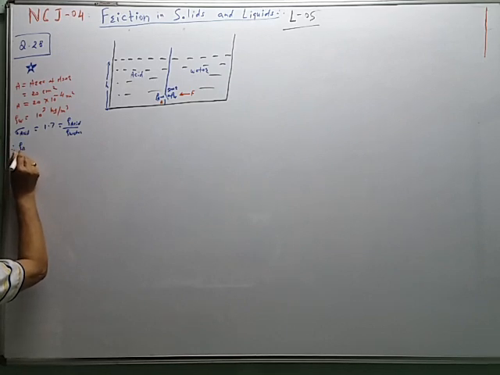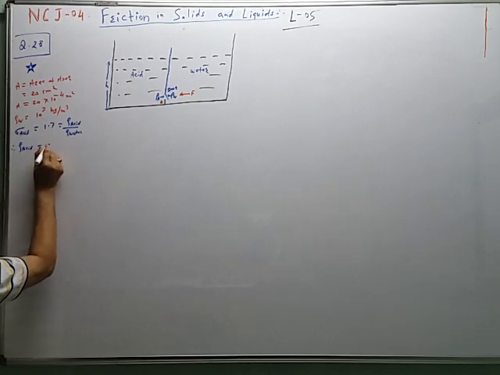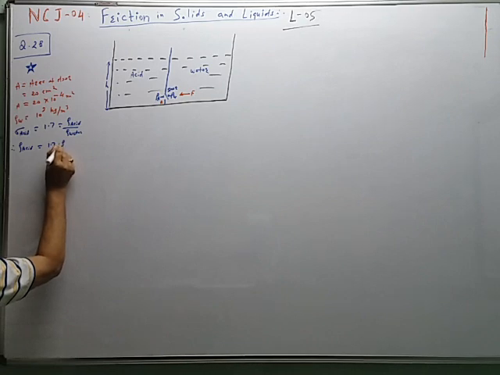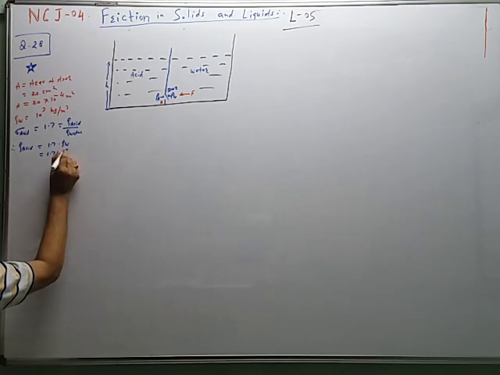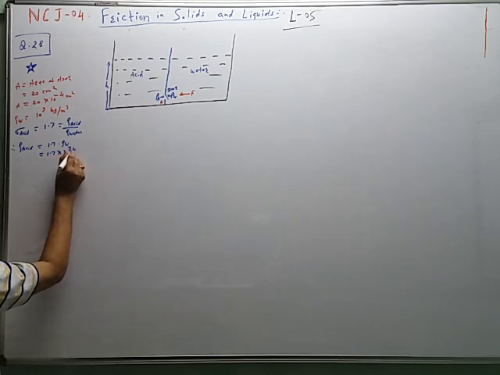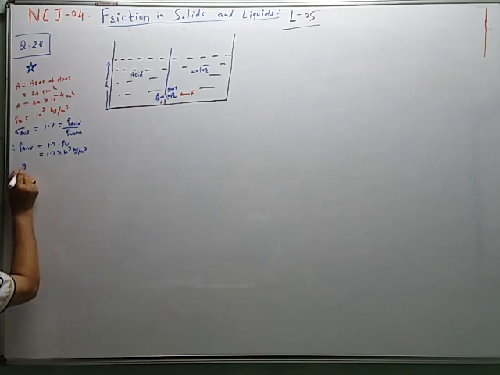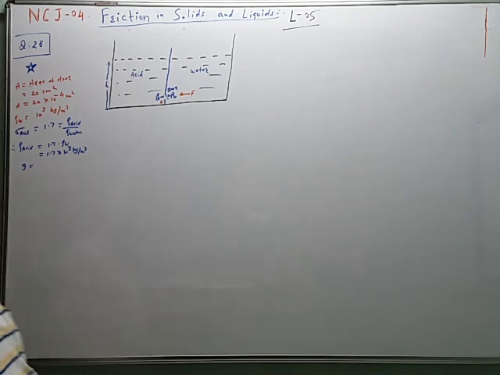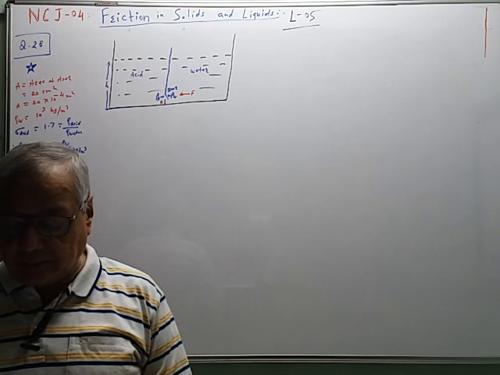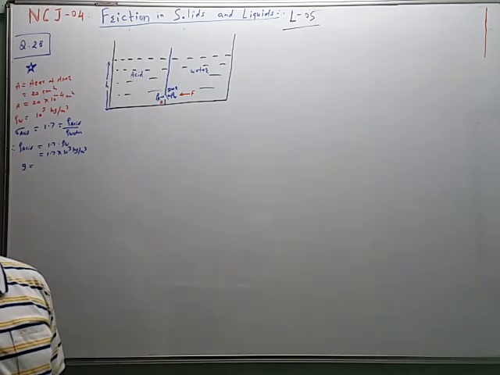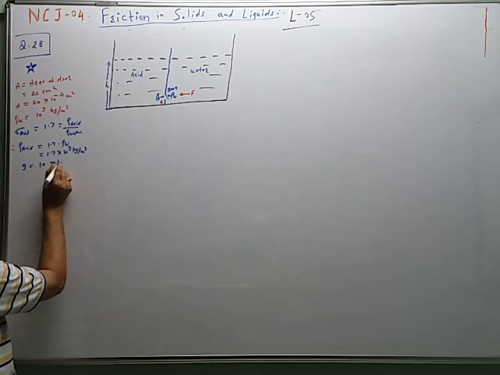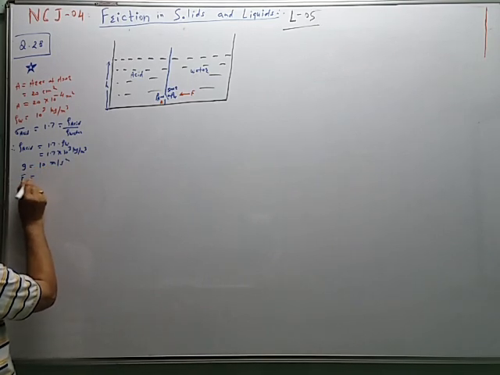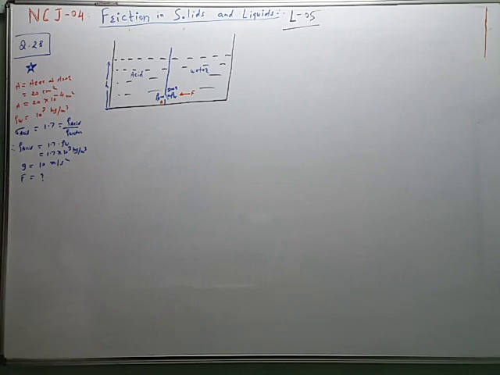Therefore, density of acid is equal to 1.7 multiplied by density of the water. So 1.7 into 10 raised to 3 kg per meter cube. We will require g. So g is equal to 10 meter per second square. And required force F is equal to question mark.